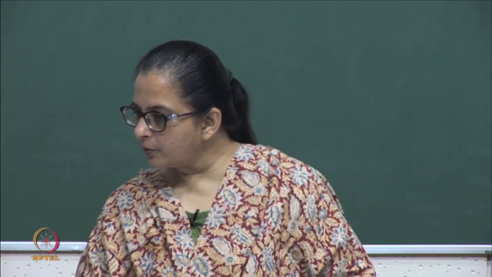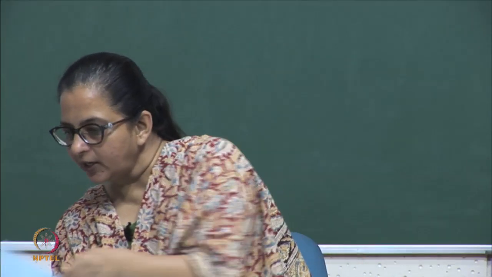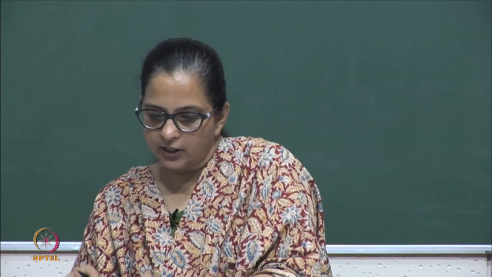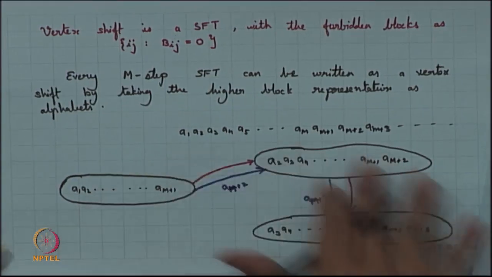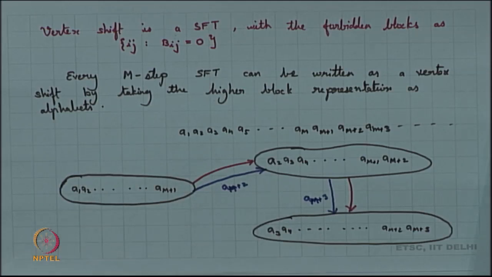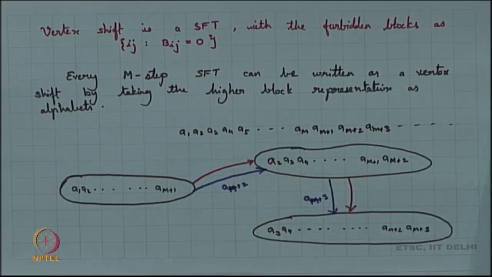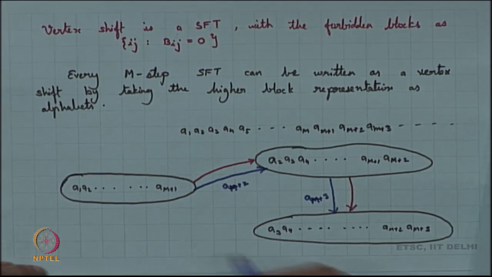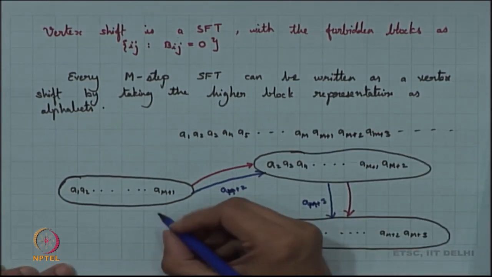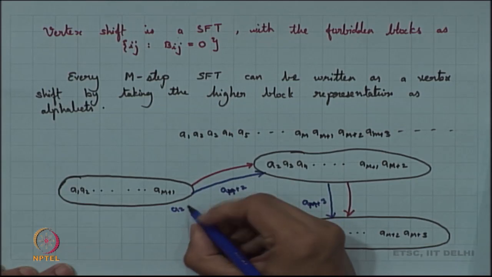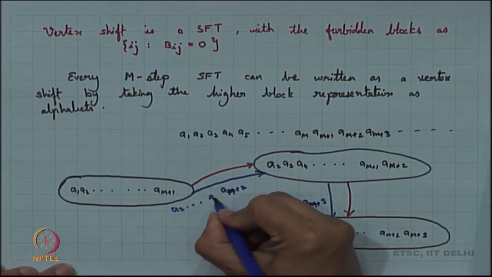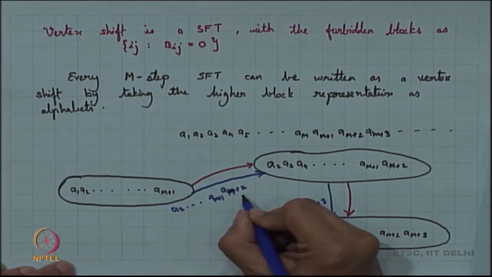Now, before we go on to something else, I would just like to correct something that I did here. What we have here are these vertices. In fact, when we are talking of edge shifts, we are not interested in what we label our vertices, we are only interested in the labeling of the edges. So, what we do here is we call this A2, A3, A4, and so on.